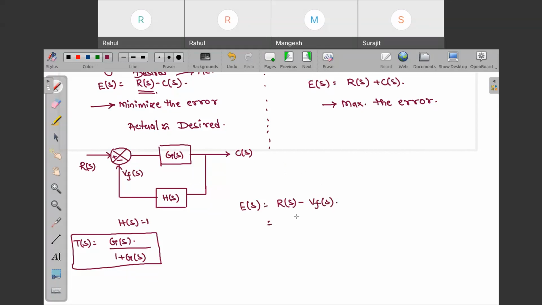Sometimes this is asked in your interview. So Rs minus VFs, we have already seen what to write for VFs. It is Cs into Hs. So now if your Rs and Cs have the same units, then we can subtract two quantities.